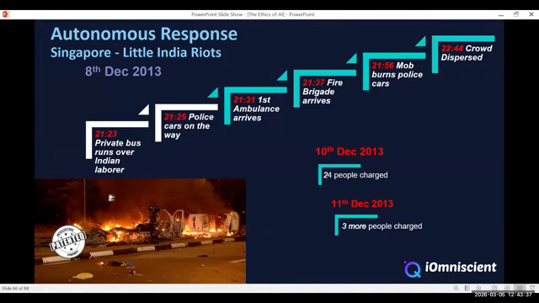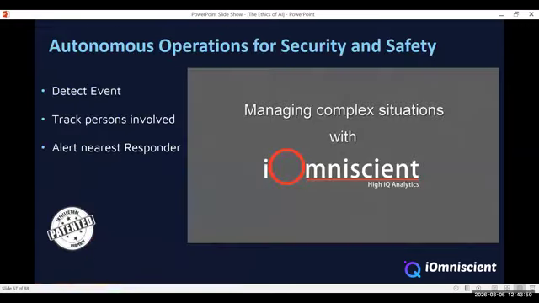The cameras themselves automatically found the nearest police car. It found the nearest ambulance because the car was on fire. It found the nearest fire brigade automatically and told them where to go and what to do. I'll show you a little video that explains how this technology works in detail.